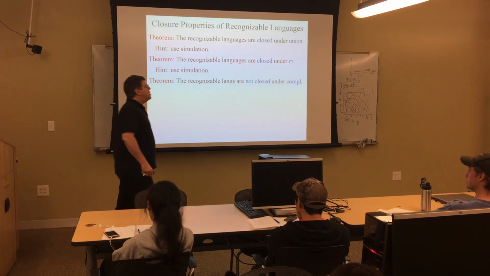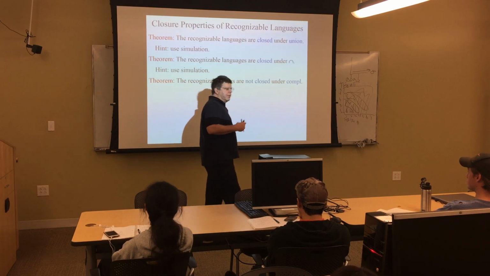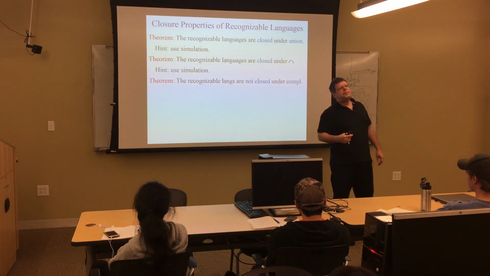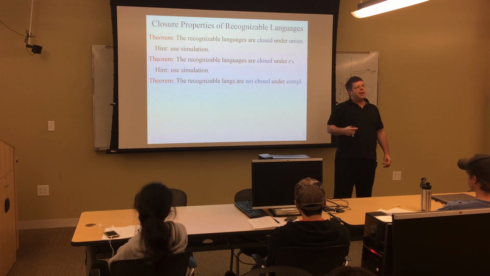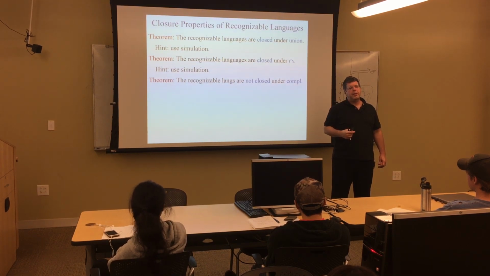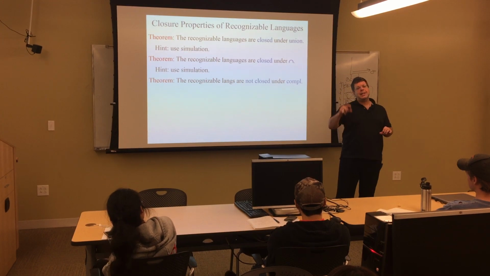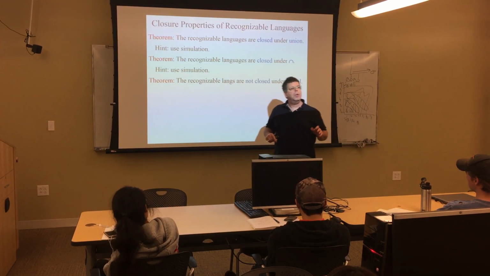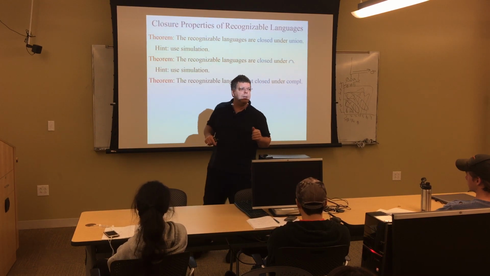Let me ask you a more general question. If a recognizable language had a recognizable complement, then what? If a language was both recognizable and its complement was also recognizable separately, what can you tell me about these two languages?